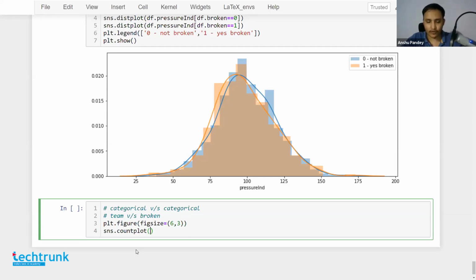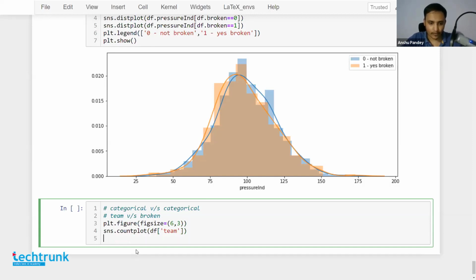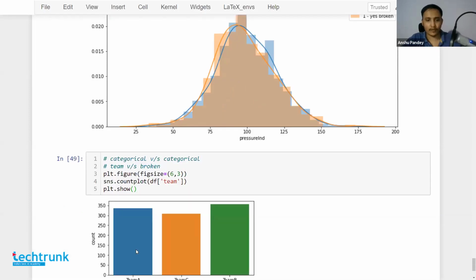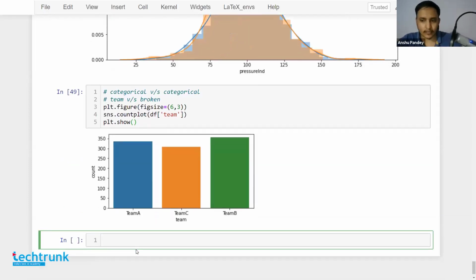We can say sns.countplot, df of, let's say, team, and plt.show. So this is the plot; we have not put any filter about broken or not broken. This is the plot of all the teams, how many machines they're operating for team A, B, and C, like that. And the y-axis shows the count.